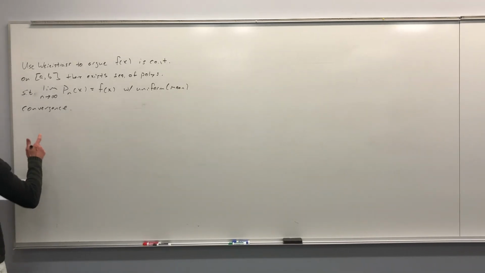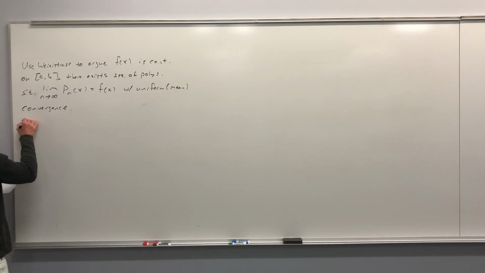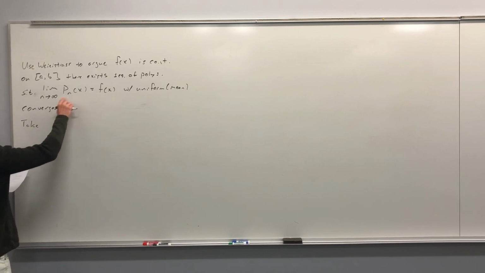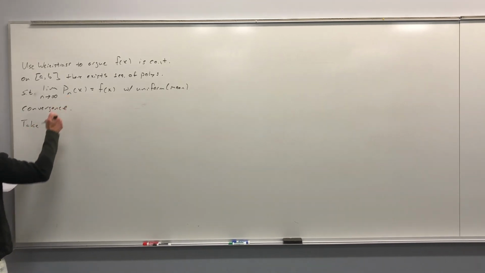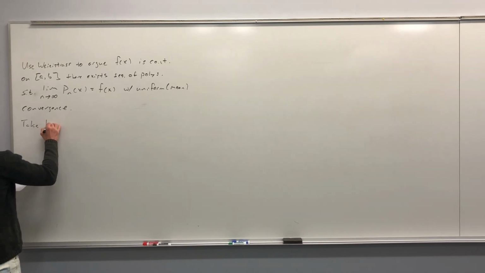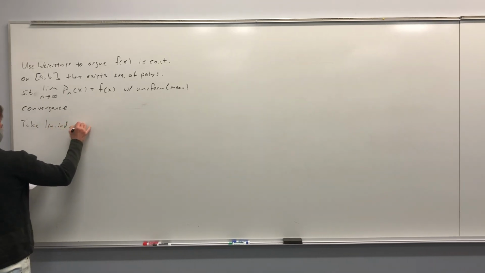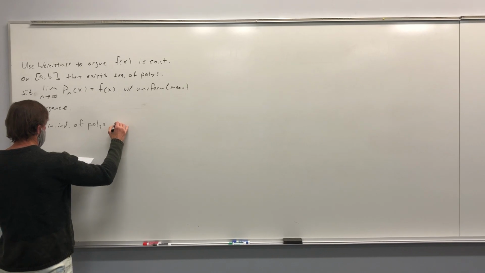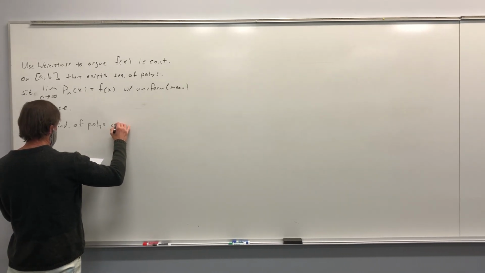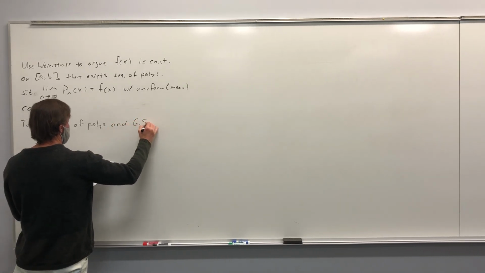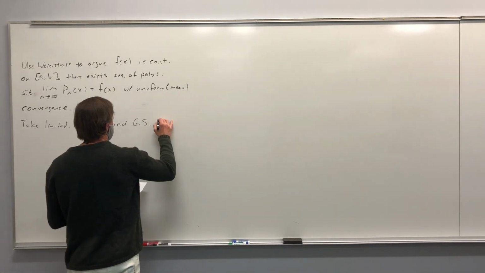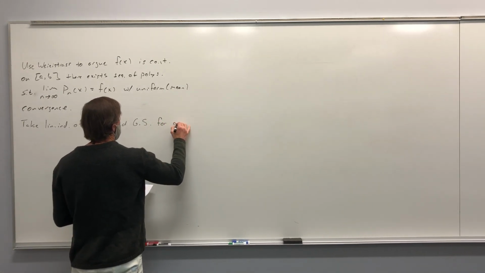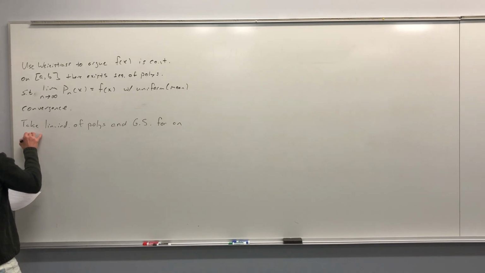And then what we do is we take the set of polynomials that are in this Pn. So we take the linearly independent set of polynomials and GS it, Gram-Schmidt it, for an orthonormal basis.